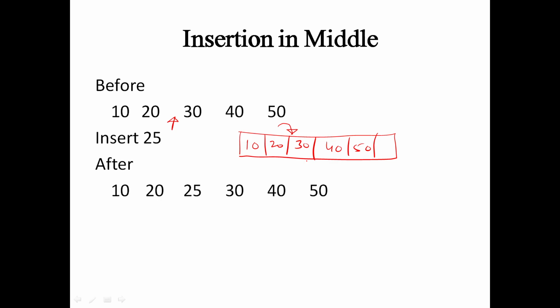So we need to ask 30, please scoot over. Please 40, scoot over, and 50, please scoot over. So we need to ask all these elements to shift one position right. We move elements from here one position to the right side. Only after creating space do we insert the new value.